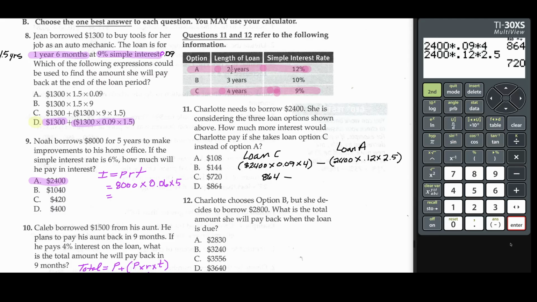That's 720. Now we need to subtract, right? So 864 minus 720. That's 144 difference. Okay, so go to the option and you will choose B for that.